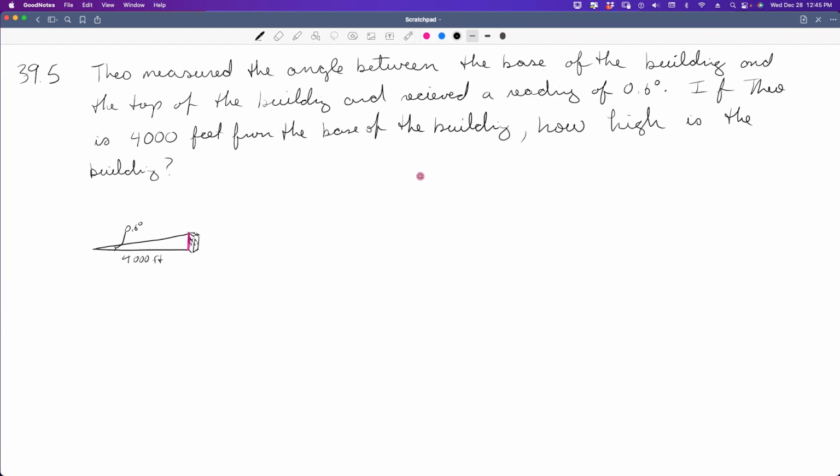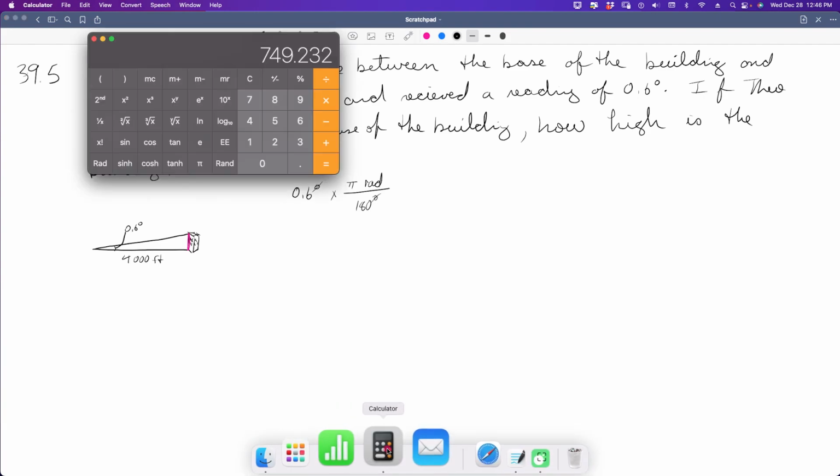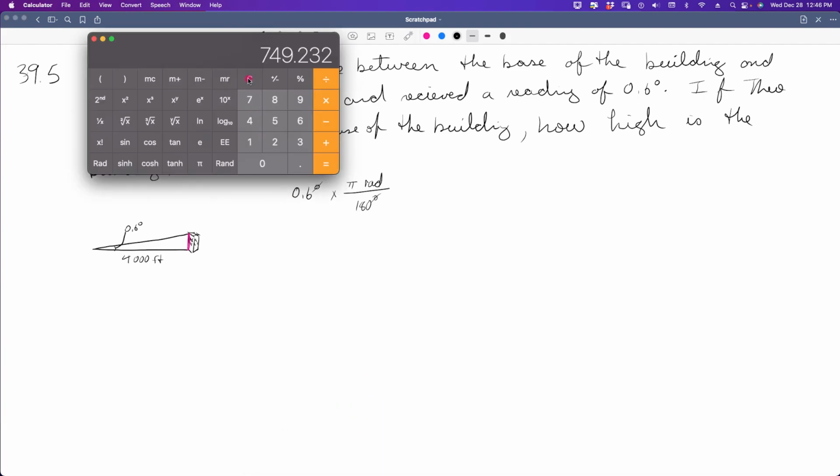So then we just set up our problem with this degree of measure at this radian, right? So we would say 0.6 degrees times pi radians over 180 degrees. So the degrees would cancel each other out, and we would say 0.6 divided by 180. Let's do all the different permutations.